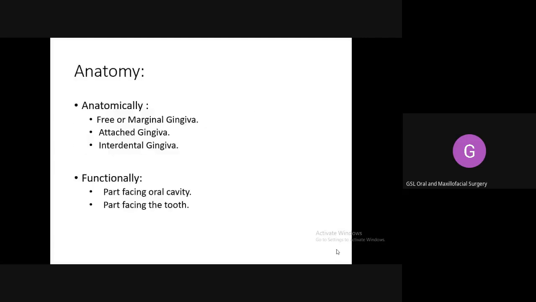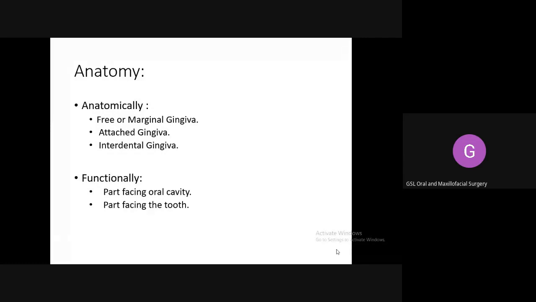So coming to the first part of the periodontium, which is known as gingiva. What is the basic anatomy of gingiva and what are the various parts of gingiva? Anatomically, it is classified into three main parts. The three main parts are free or marginal gingiva, attached gingiva, and interdental gingiva.